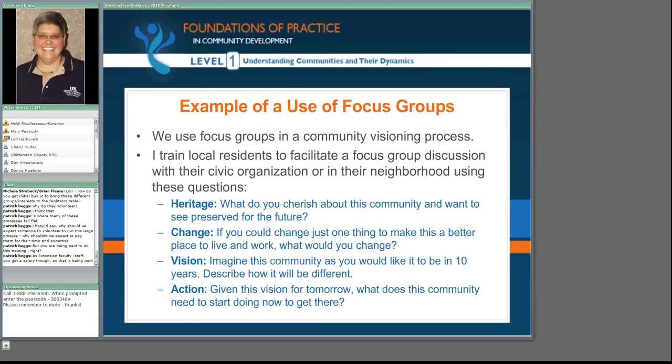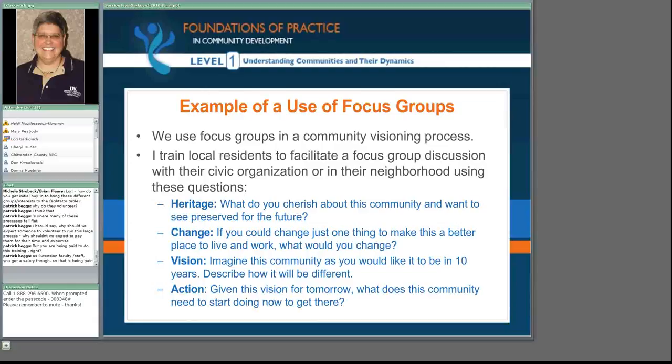So I've taken a focus group process and adapted it to use in a situational analysis as part of a community visioning process, which is a step towards a community strategic plan.